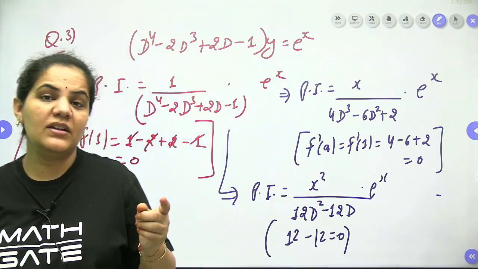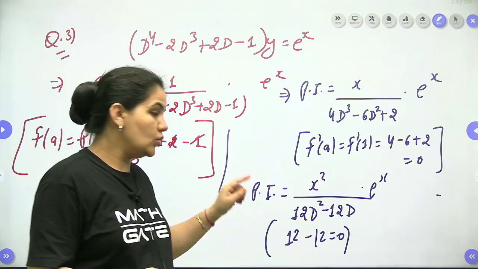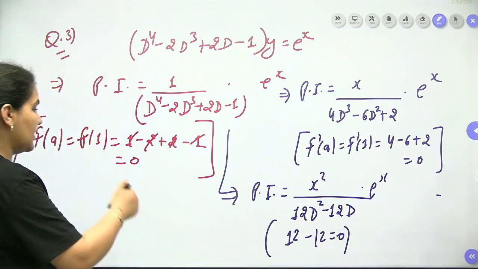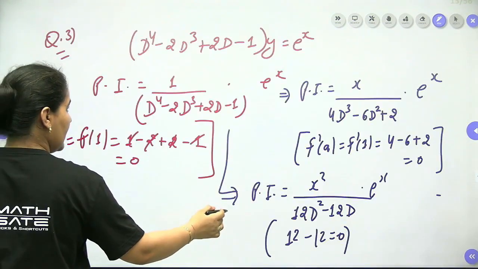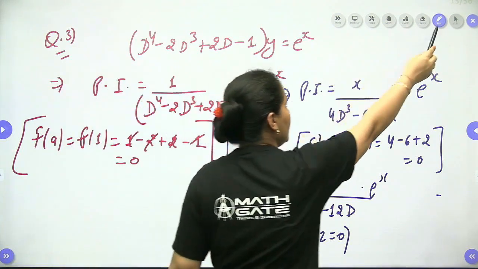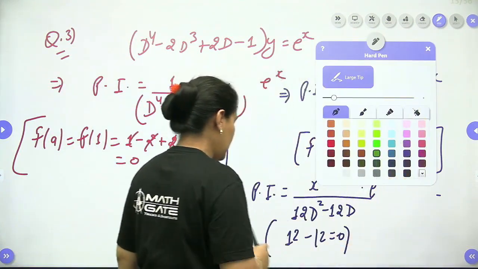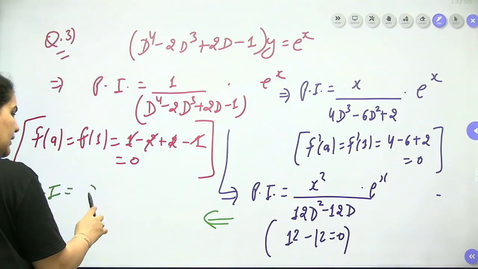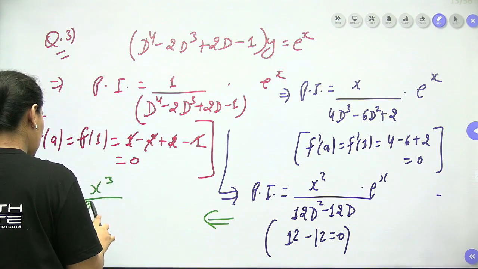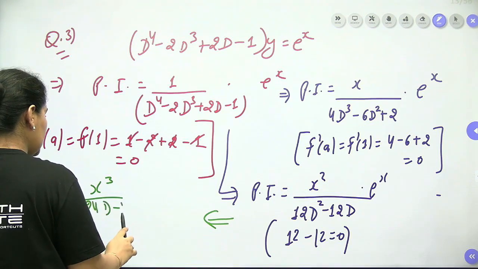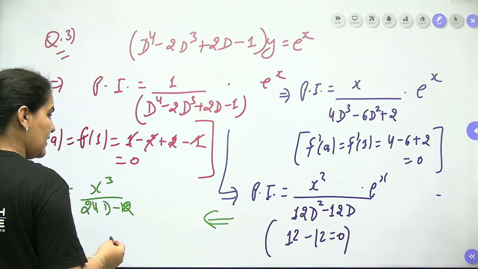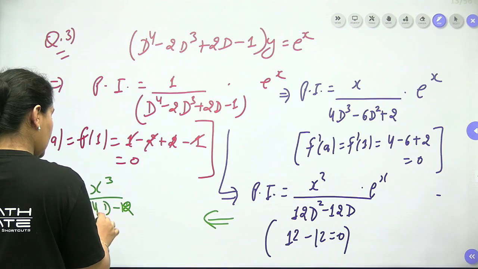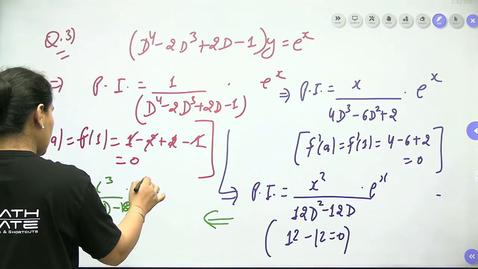So this is the case where we differentiate 1, 2 and 3 times. Let's have discussion. The third case will be, okay, let me write it down here with a different pen. Yes, so the PI will be x cube by 24D minus 12, into e to the power x.